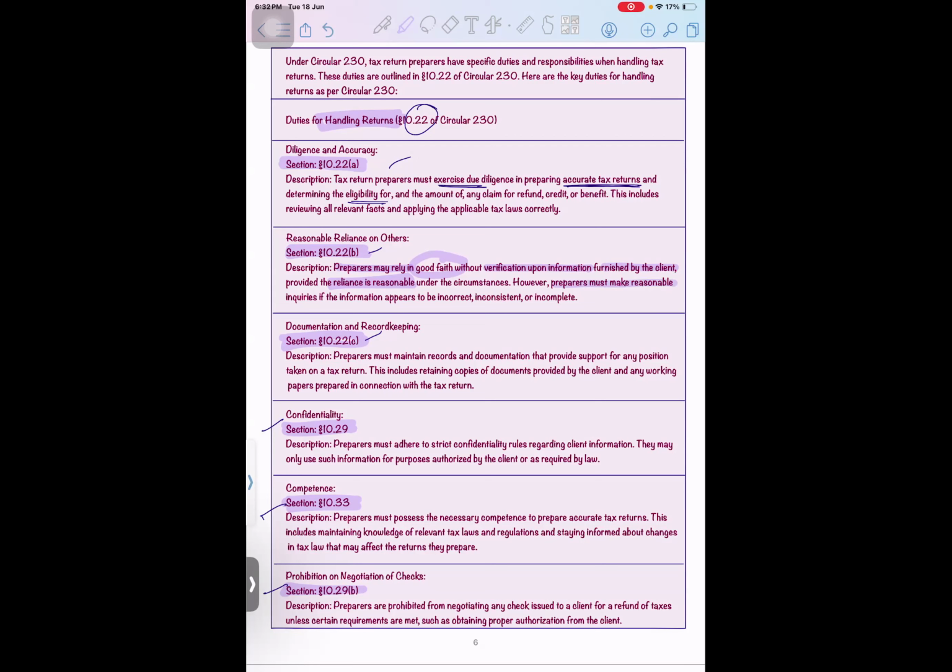However, the preparer must make reasonable inquiries. If needed, he will make inquiries. If the information appears to be incorrect, inconsistent, or incomplete, then he can ask for the source documents. While preparing the corporate returns, we have a specified checklist, right? Wherever source documents are required, the first step is to provide all the financials. Second, provide all the payroll reports.